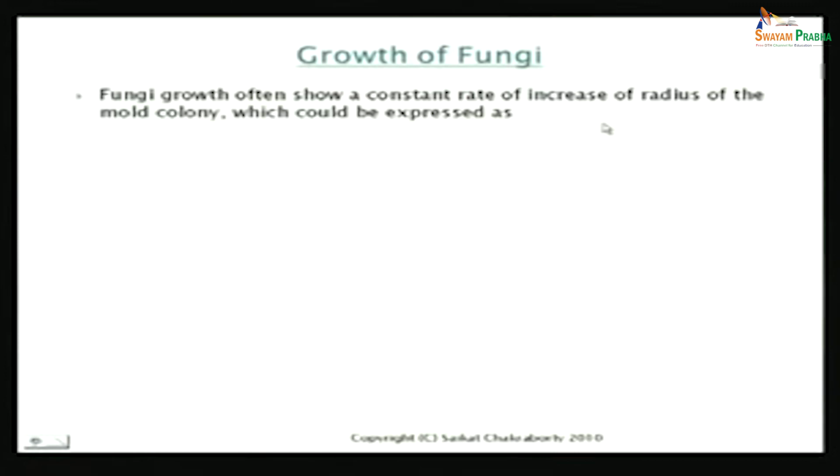Because the total amount of nutrient that is entering the system is a constant. So it's not a single cell. Sorry, it is all the cells together acting like a single cell over here, right? So that's the major difference. Whatever nutrient is available to the whole colony of cells.